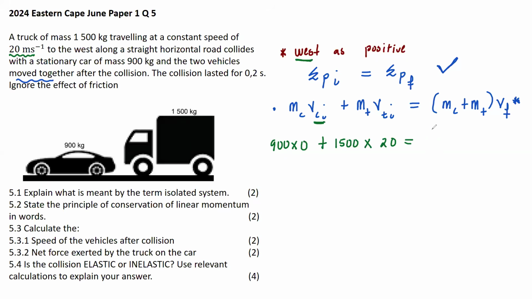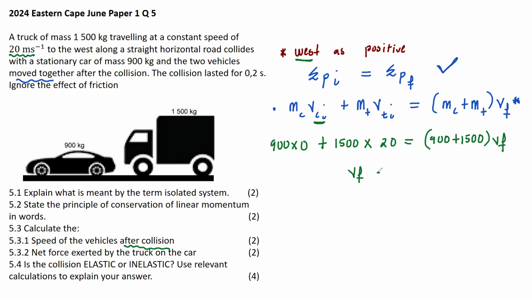Is equal to, they move together, combine their masses. Mass of the car, 900. Mass of the truck, 1,500, and you're looking for the final velocity of these vehicles after collision. They collide and move together. So we're looking for VF.